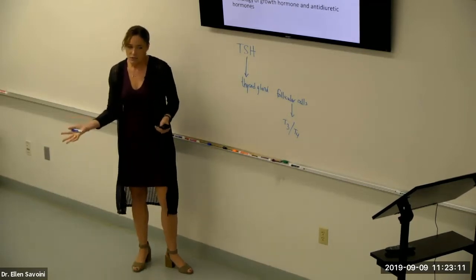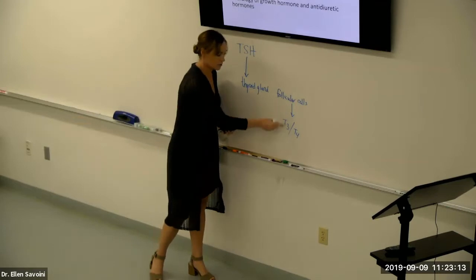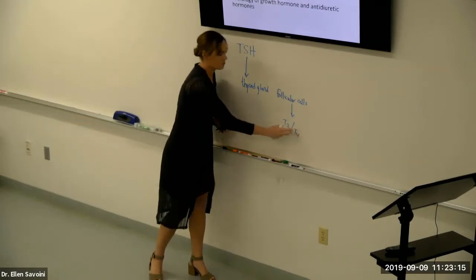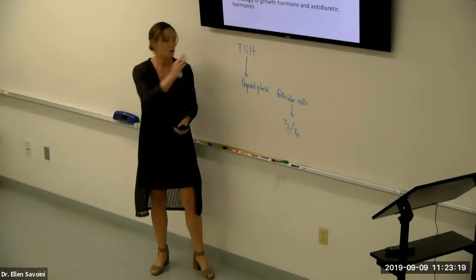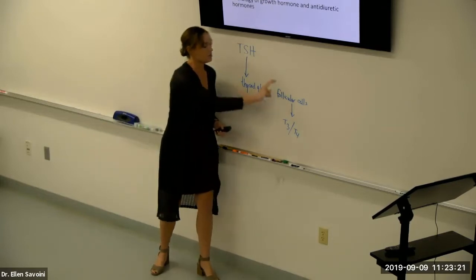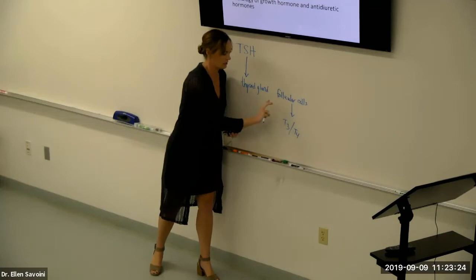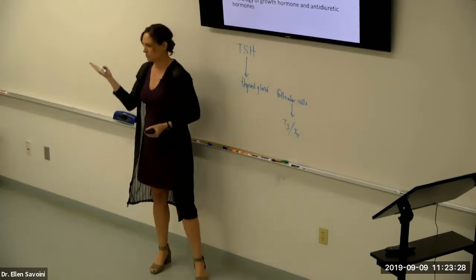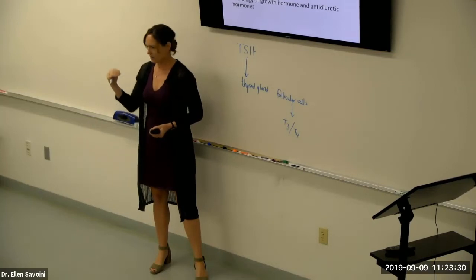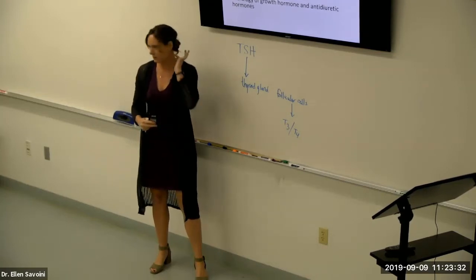The action of T3, T4 is its own job. So the job of T3, T4 as the next hormone set would then be to increase metabolism. So the job of thyroid stimulating hormone is just to tell follicular cells to release it. The job of these cells and this hormone is then to boost metabolism for the body. So does that distinction make sense? Okay.